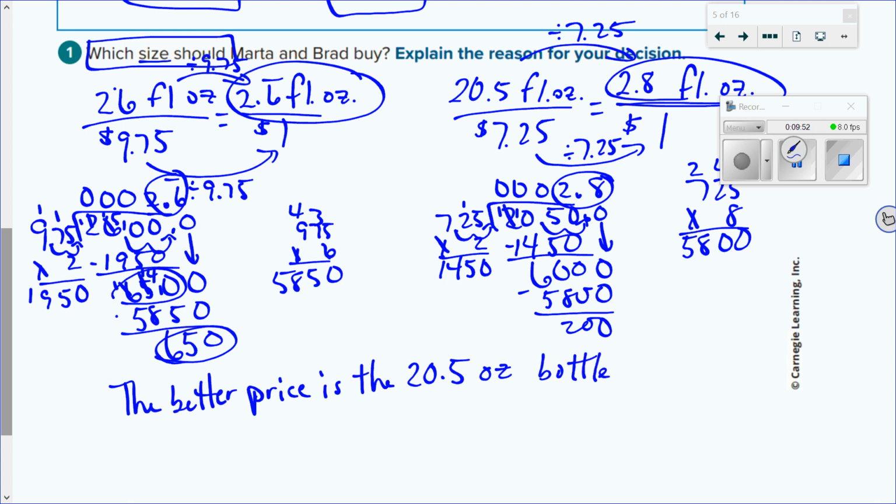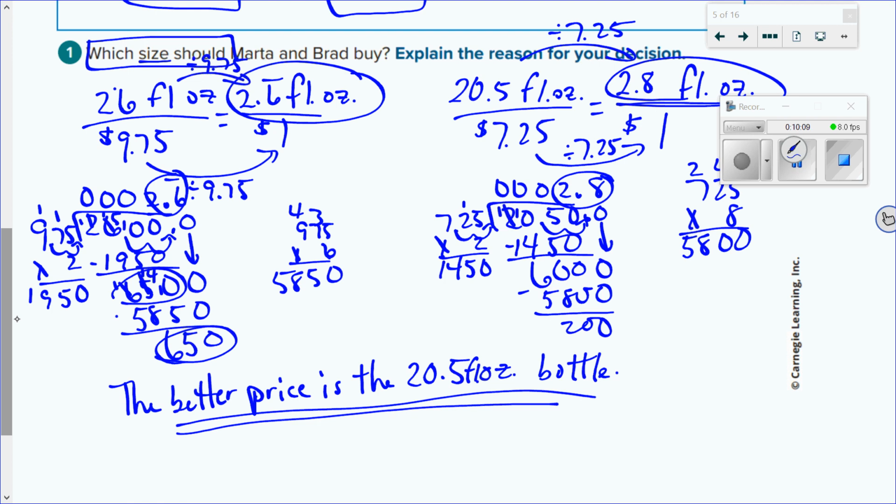Technically, it's fluid ounces. Does everybody understand why and how we got there? Any questions on it? Because this is basically what we're going to be doing the rest of the class period.